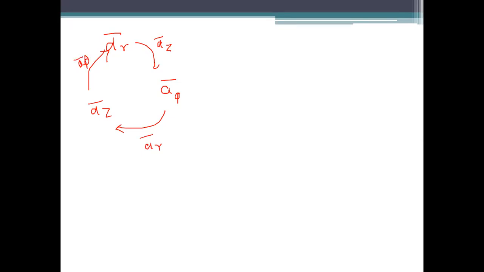Any doubt up to here? No? Then A bar R, A bar phi, and A bar Z. Okay. Now go in anti-clockwise direction.